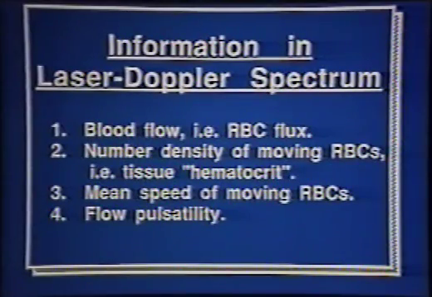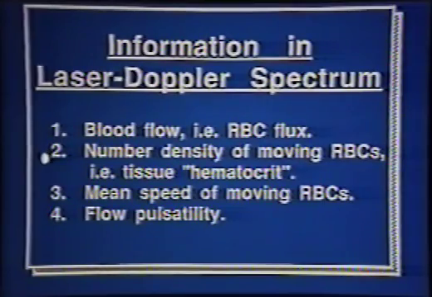The commercially available instruments today all have at least 3 different outputs and usually with various labels on them. The first of these, in terms of its physiological importance, I think, is the measurement of blood flow or the red blood cell flux in the volume of tissue from which the scattered light is received. The second of these is the relative number of the moving red blood cells, or a so-called tissue hematocrit, and this is sometimes unfortunately termed a blood volume output.